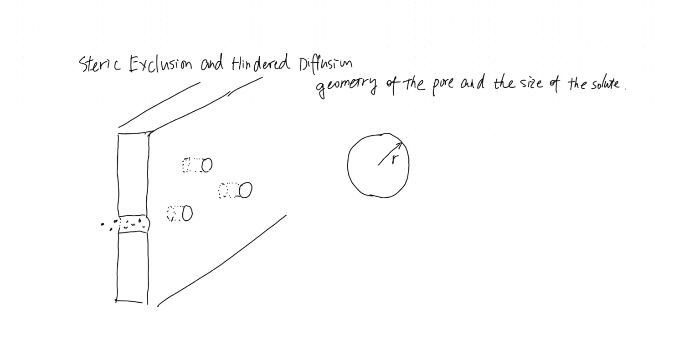And if the solute are tiny or don't occupy any space, then you wouldn't worry about something called a steric effect. Once you need to consider the size of the solute, that's where the steric exclusion comes into play.